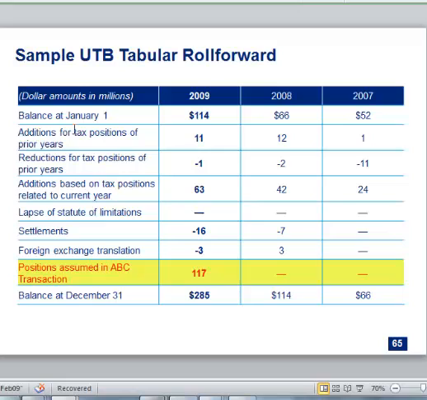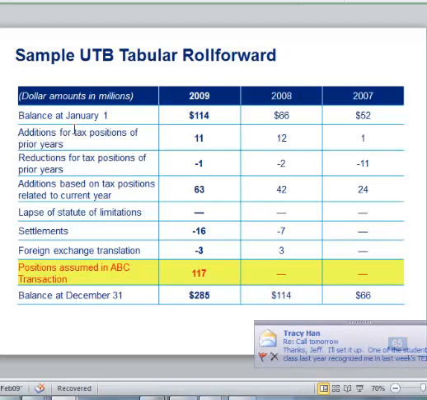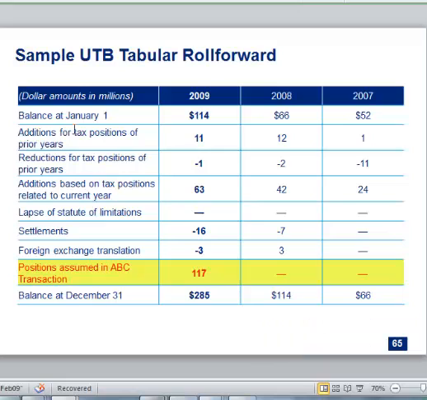So sometimes when you see a company's 10K, you've gotten used to looking at their UTB roll forwards. The whole idea of that UTB roll forward is to explain what would happen if you looked at the beginning balance of my exposures and rolled it forward to the ending exposure for the year, like how would it change if I did an acquisition?